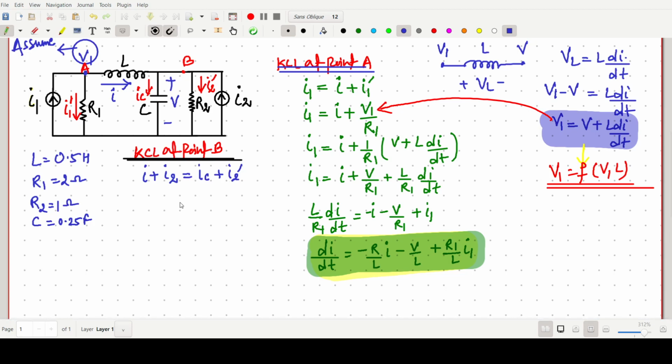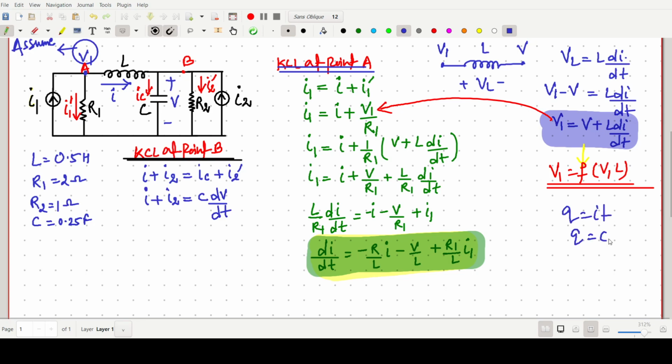Now what we can do: I and I2 will be the input current sources, and IC, the current across the C, will be C times dV/dt. Simple. I am writing Q equals IT, and Q equals CV.